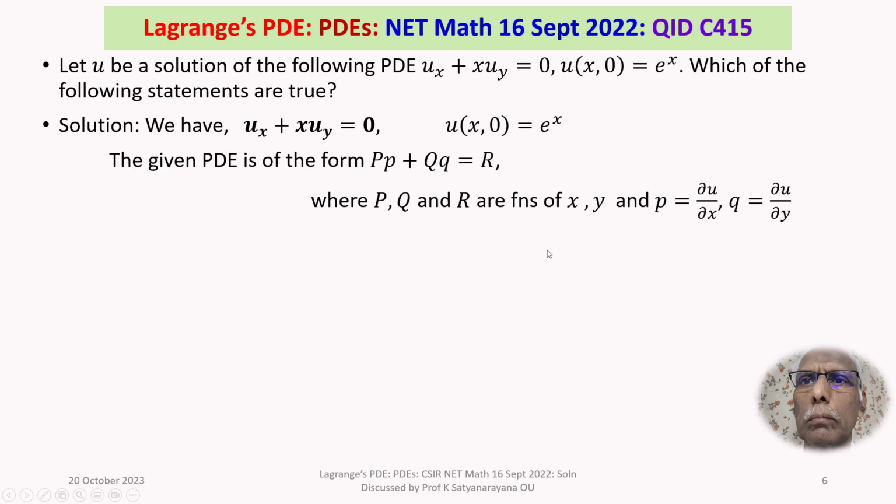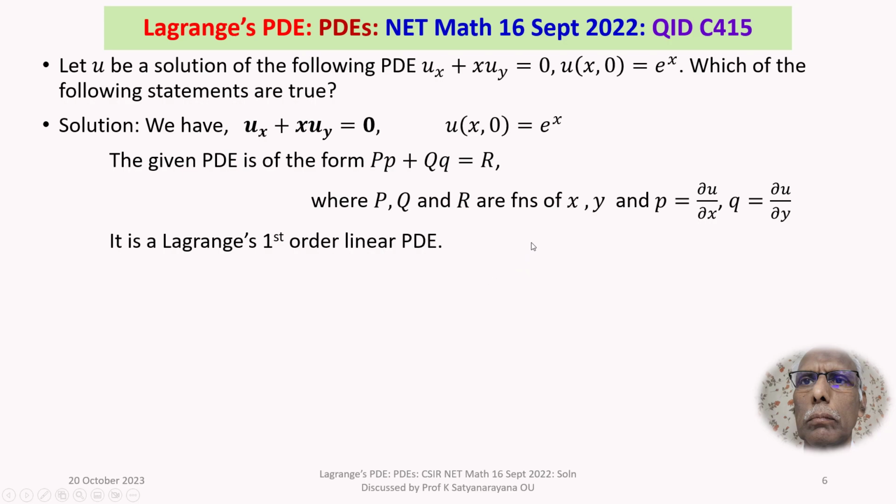Now, how to solve such an equation? It is a first order linear partial differential equation, called the Lagrange's first order linear partial differential equation. To solve such an equation, we write down its auxiliary equations.